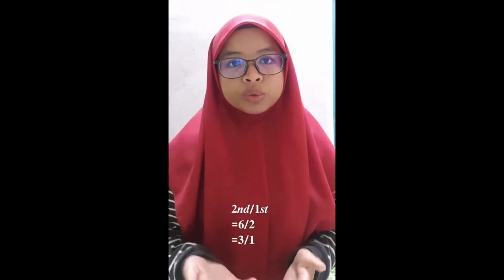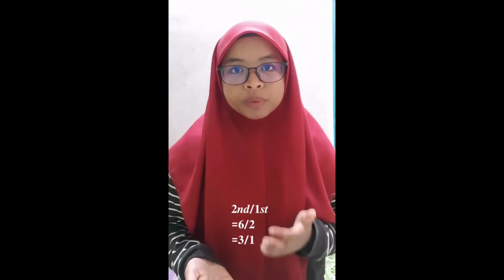The answer is 4. B2 is, what is the ratio of the second generation with the first generation, and the third generation with the second generation? In this question, the ratio formula is Tn plus 1 over Tn. So, 6 over 2 equals 3 over 1.